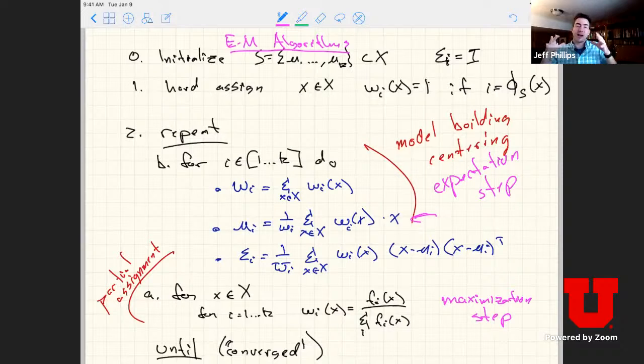The estimator is now the set of K functions, and I'm finding K functions that have a higher and higher likelihood every step. Each of these two steps is increasing the likelihood of the assignment, so the same basic proof of why Lloyd's algorithm converged can be applied here.